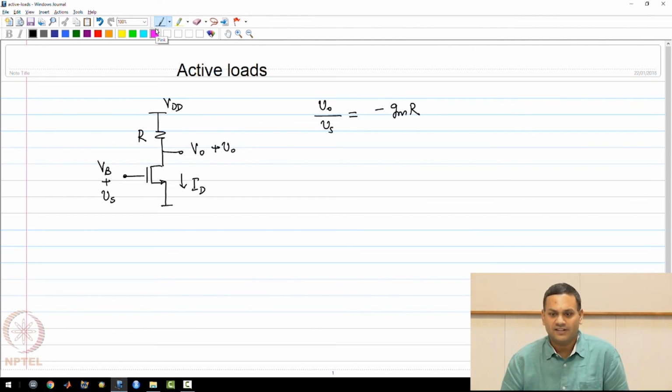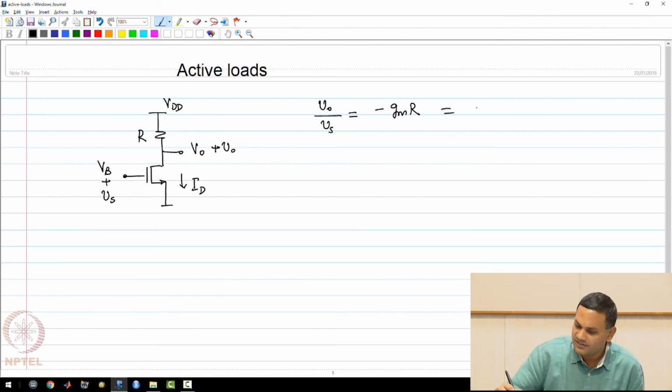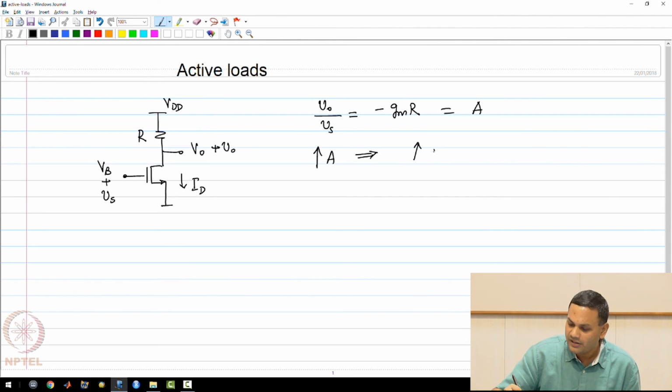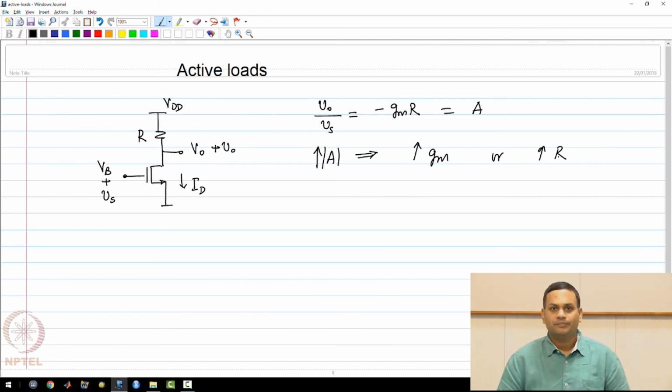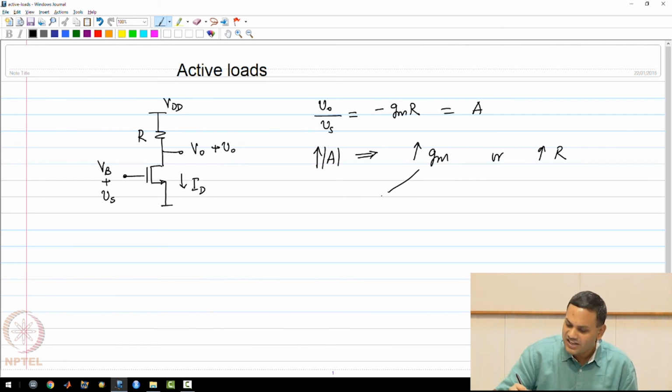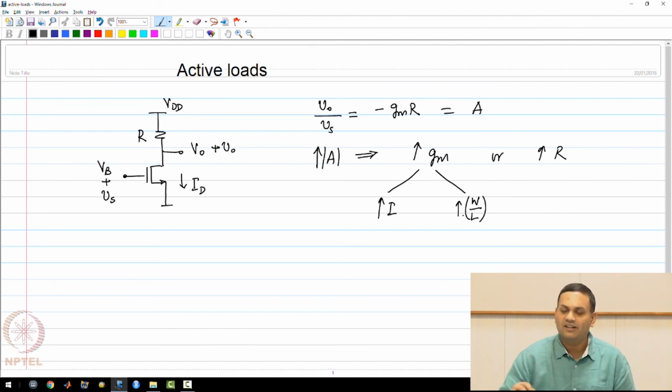If I wanted to increase the gain of this circuit, so this is A, I increase A in two ways. I need to increase gm or increase R. Now I can increase gm by increasing the current or increasing the W over L of the transistor. Both of these have certain issues.